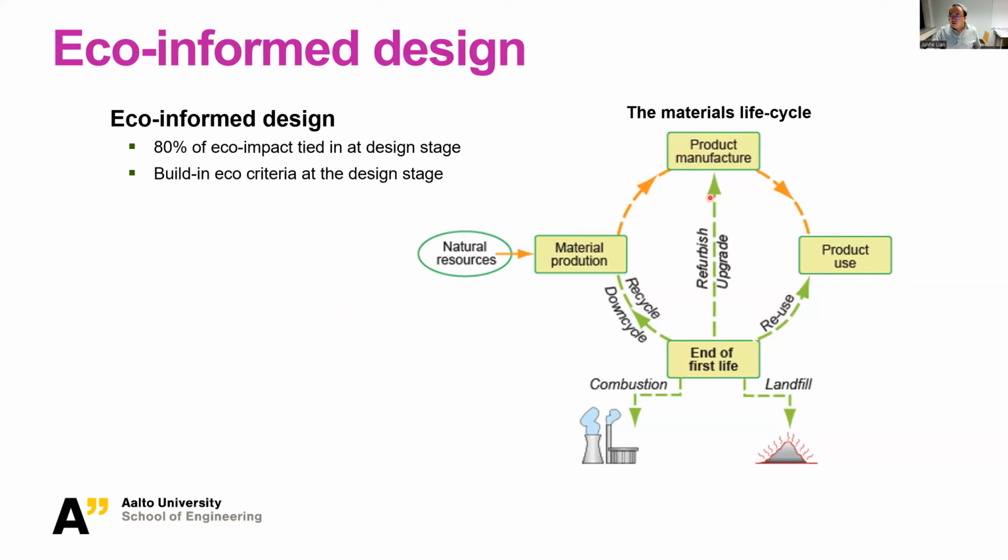So when you design your product, when you do the material selection at the design phase, you choose the material, you choose the processes, and you choose the use, and by all your choices, the end of the first life choices are also made. That's why it's critical when you do the design, you need to consider this whole picture. And 80% of the eco impact is already determined during the design phase.